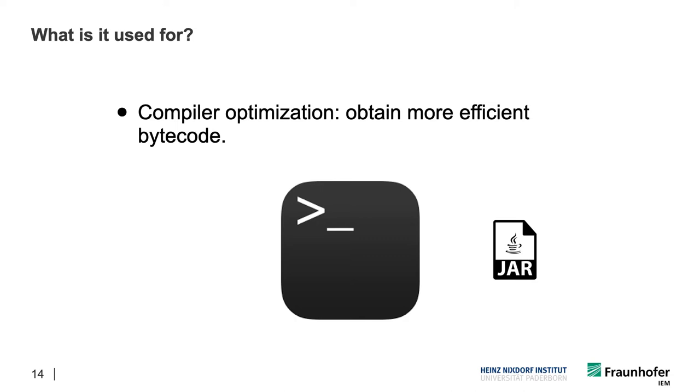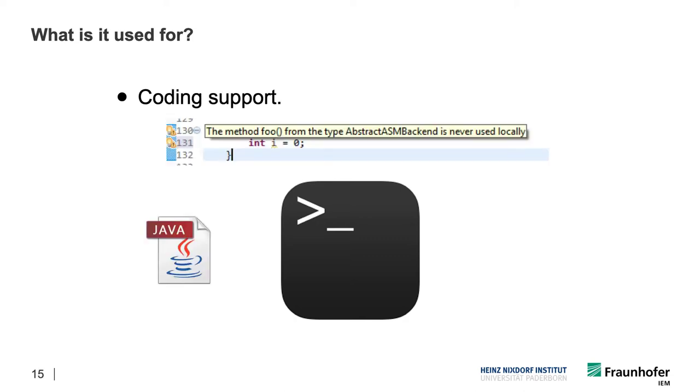And that's why the focus of static analysis has also shifted a bit. If you look into current papers that are out there, you will see a lot more research on coding support. That basically means bug finding, vulnerability detection, and so on, like you see here.